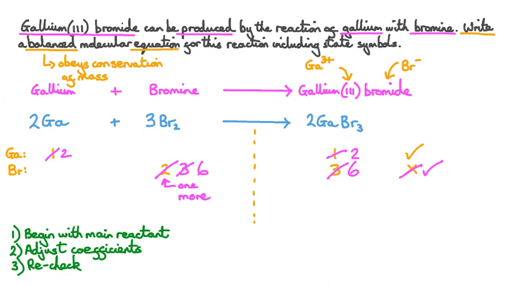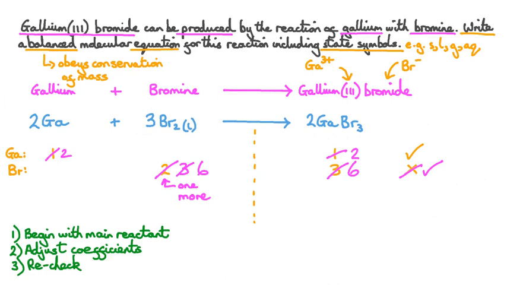Finally, we need to add our state symbols. State symbols tell us whether our reactants or products are a solid, liquid, gas, or in aqueous solution. Bromine is of course a liquid at room temperature. Gallium is technically a solid at room temperature, but for this reaction it's going to need to be heated.